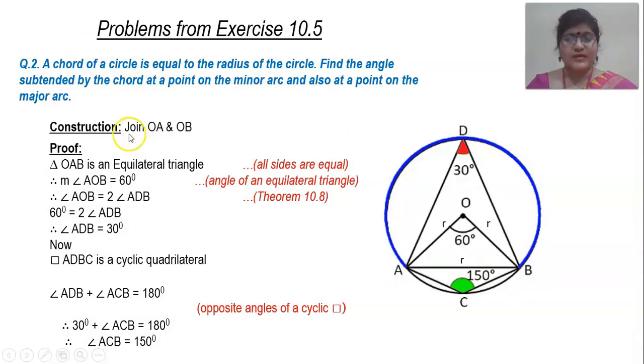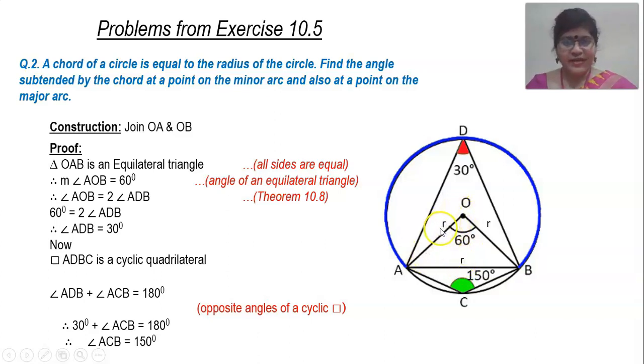Now this is the second question of exercise 10.5. It's quite an important question. They have mentioned that there is a chord on the circle. So you have to draw a circle and I have taken chord AB. The length of this chord is equal to the radius of the circle. So let us assume that AB, which is the chord, is having length R, representing here the radius of the circle.